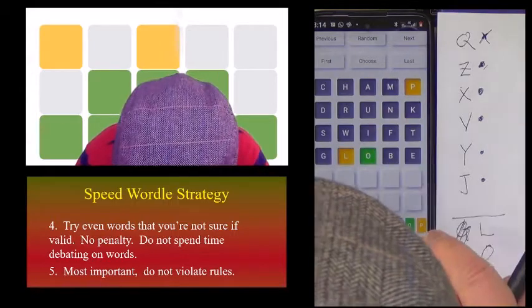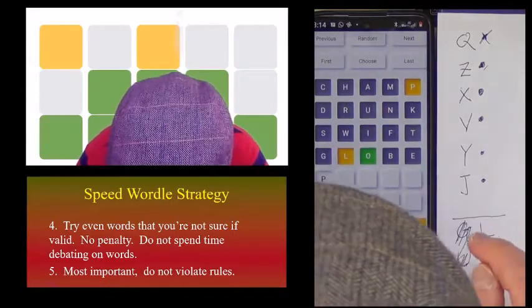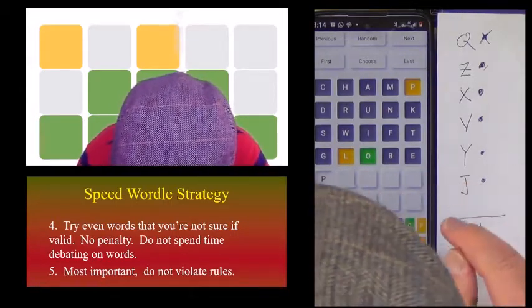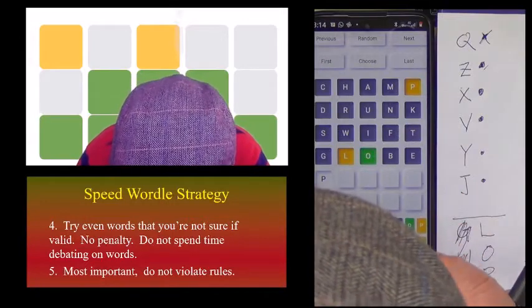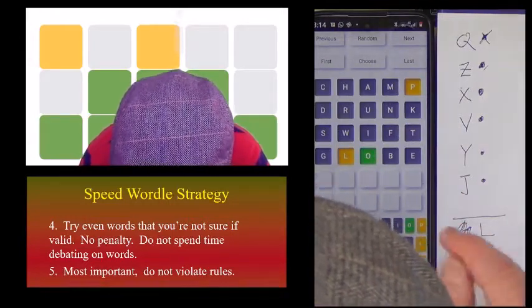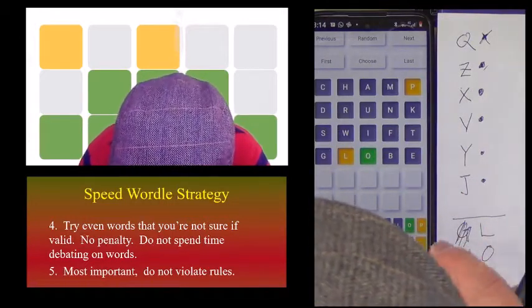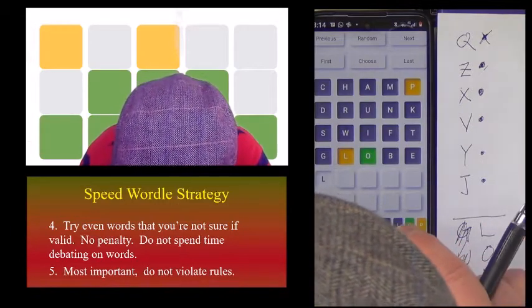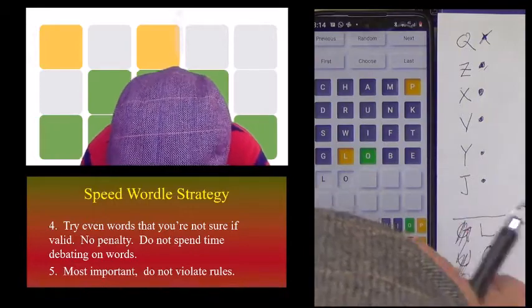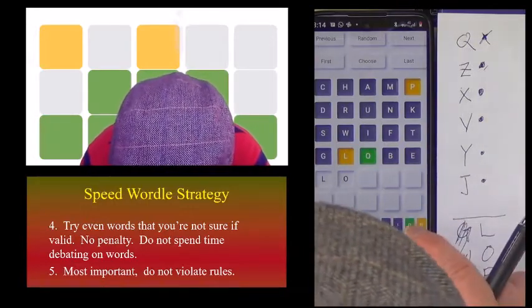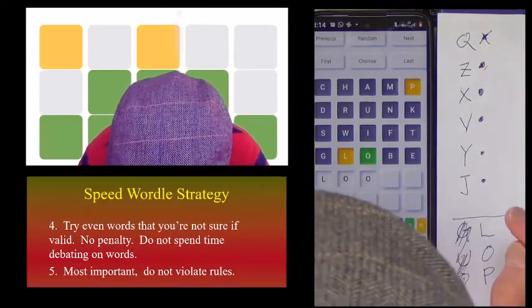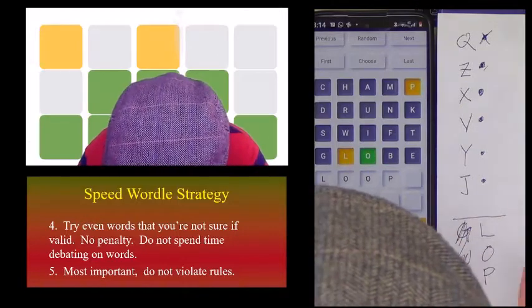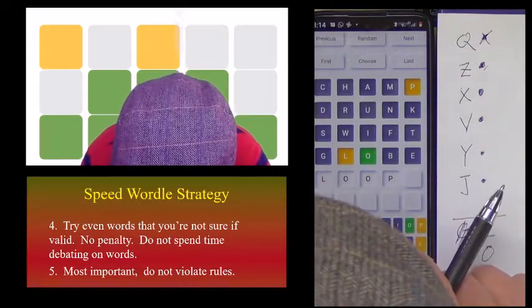So just to go down this, I can see one word, but I just want to show you that, and I could try an L, so L L O O, loop, and then loopy.